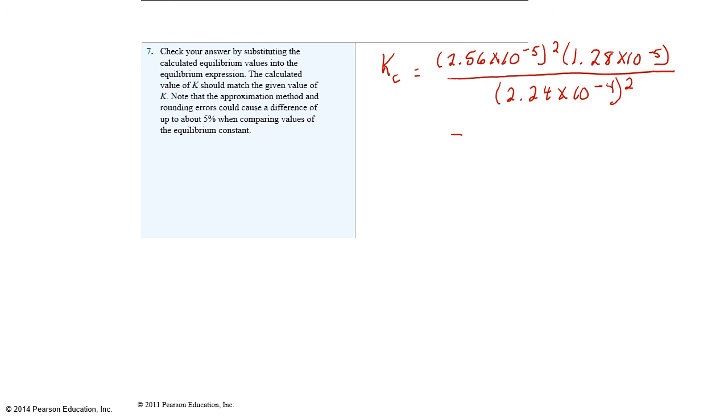And when we do that, we get 1.67 times 10 to the negative seventh. So the calculated value of K is equal to the given value. Therefore, our answer is valid.